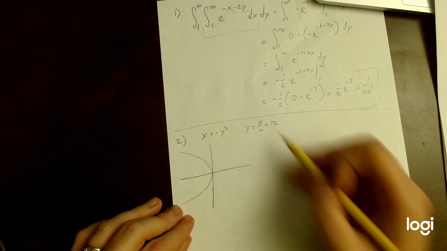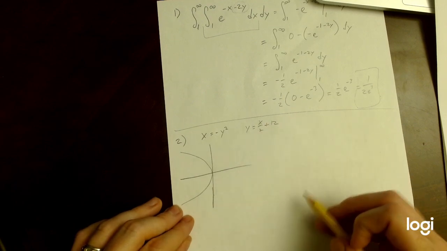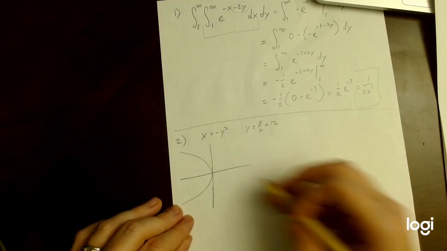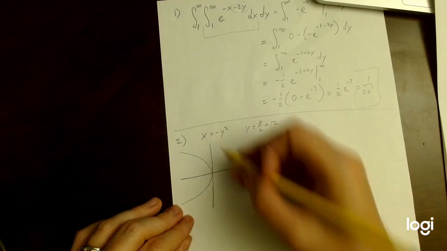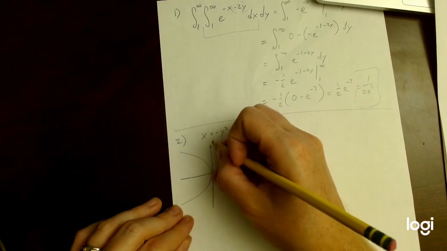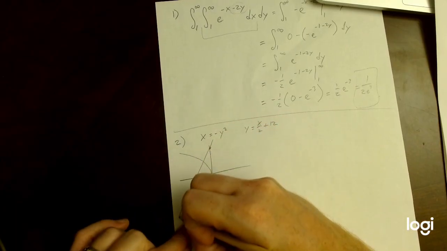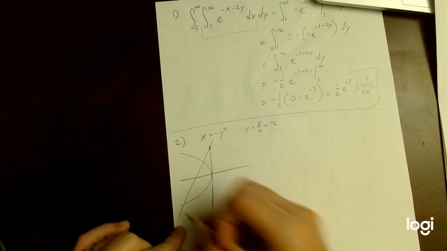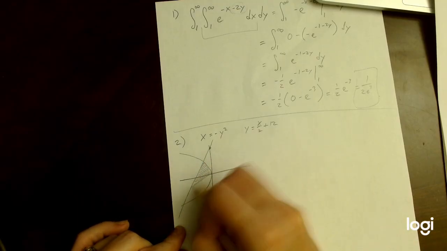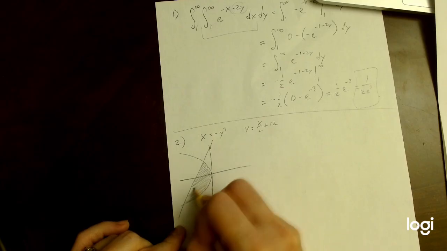And then my other equation says, well, I've got a slope of a 1/2, and I should cross the x-axis at some positive number up here. And it's just a line, so it's something like this. And we can then draw this in, and I'm going to shade the region that we're talking about.